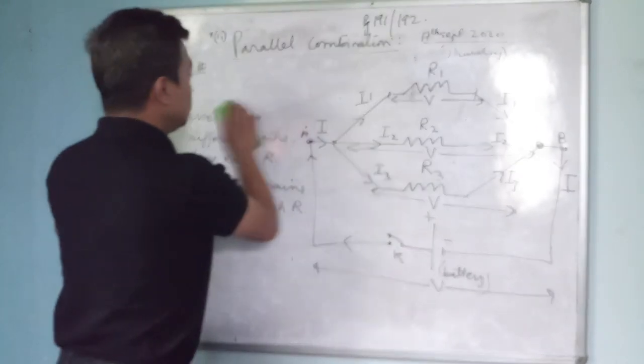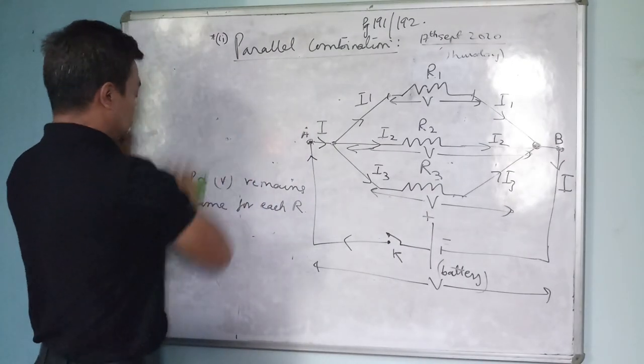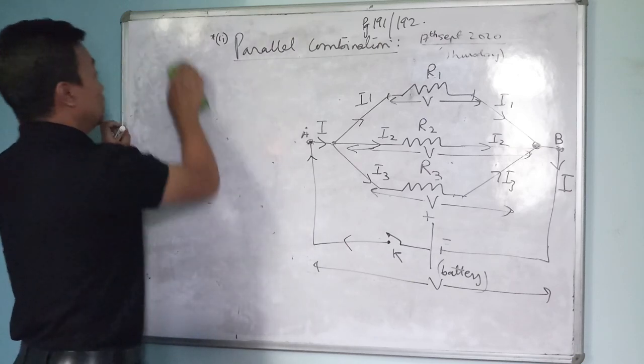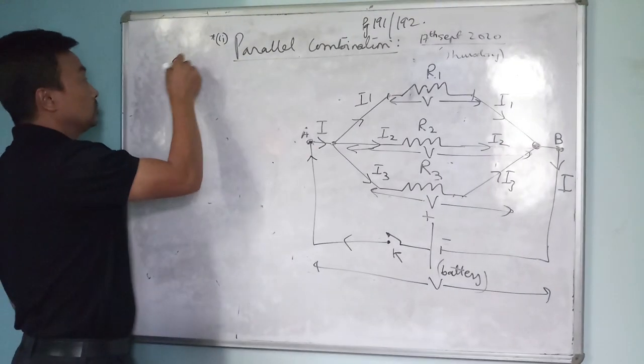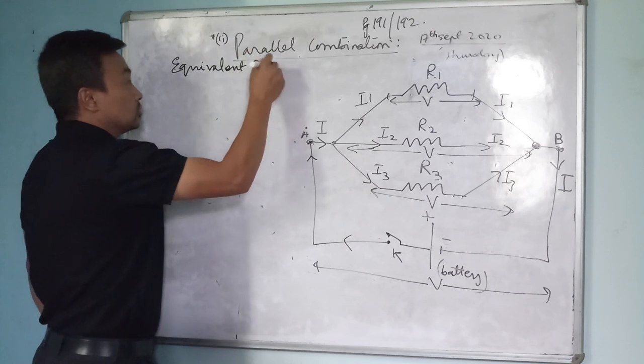for individual resistors. Now let us find the equivalent resistance for this parallel combination. So write down equivalent resistance.